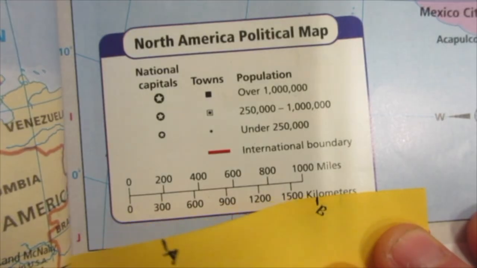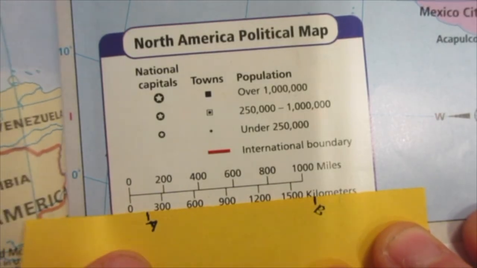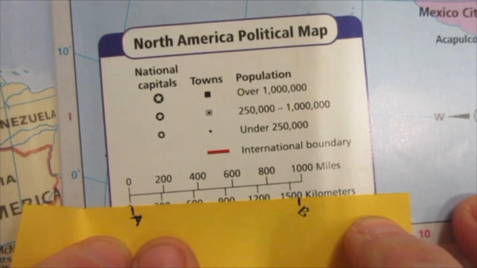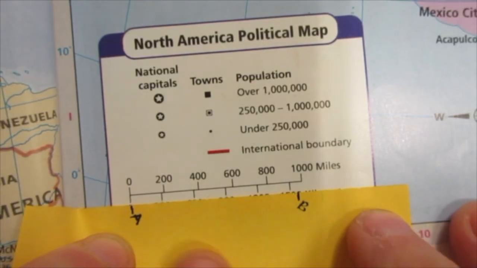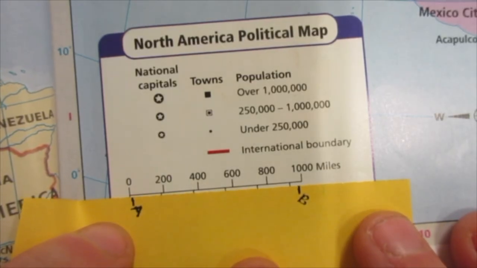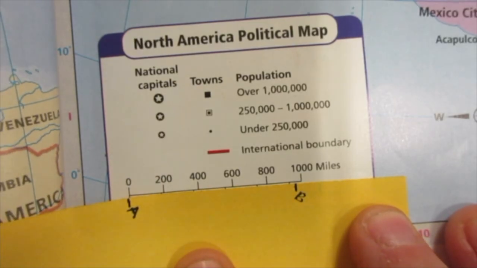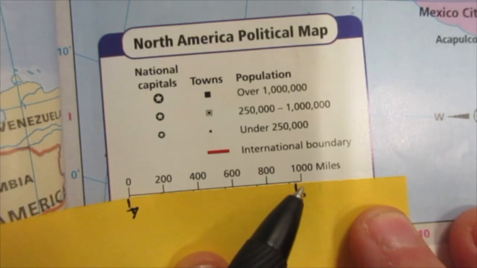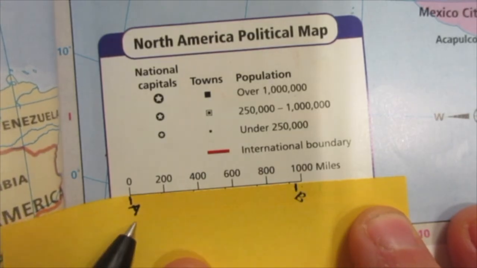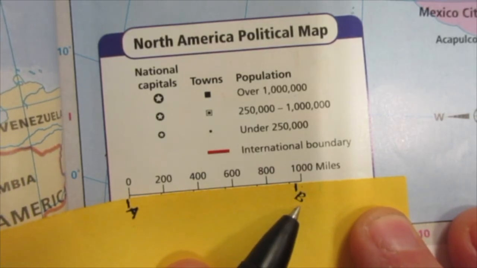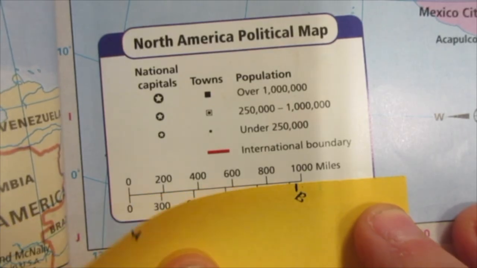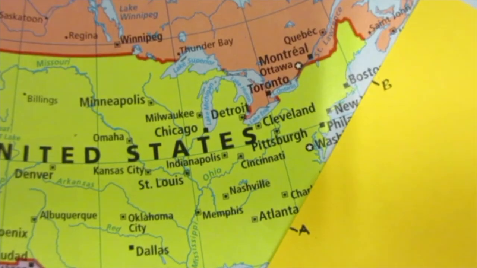The scale's not always there, but it usually is. And so I'm going to line up one city at the 0. And you can see that it is almost 1,000 miles between Atlanta and Boston. And so that's what you can write for 9A.